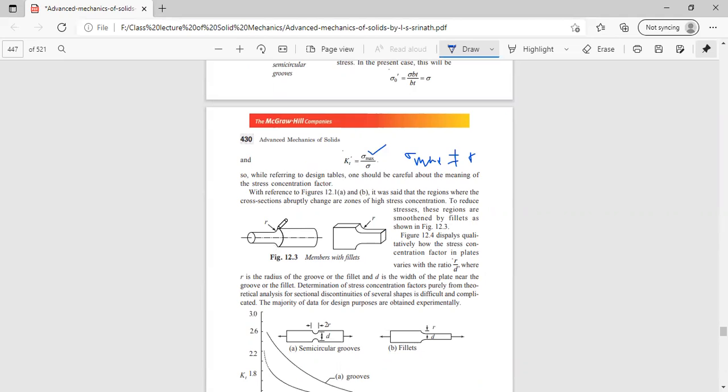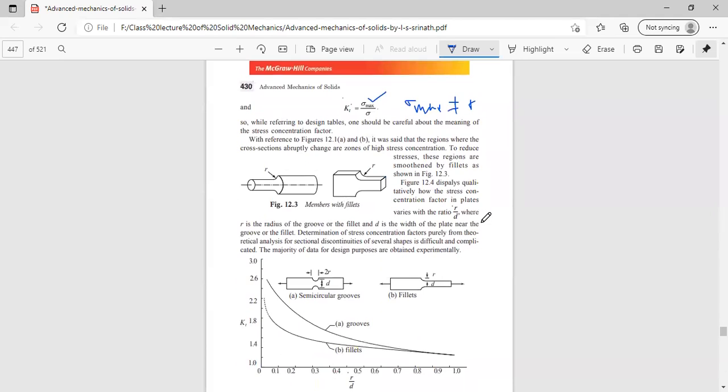So here we are abruptly changing the cross section, but we are using a fillet here and a fillet here. These regions are smoothed by fillets, as shown in the figure itself.